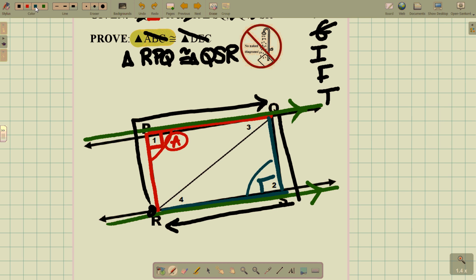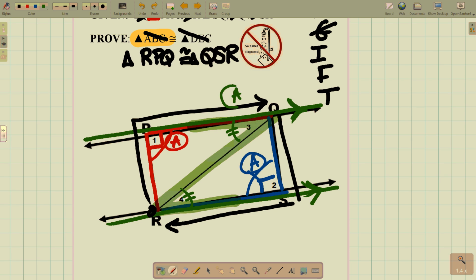I also have a pair of congruent angles here. It's also implied because of the parallel lines that there's going to be armpits of the Z going on. So I know angle 3 has to be congruent to angle 4 because they're alternate interior angles. That gives me another pair of angles.